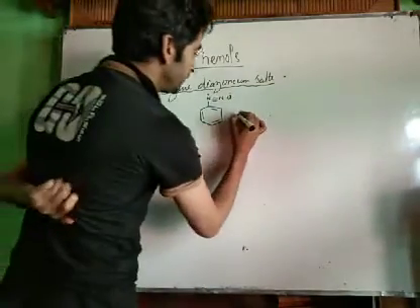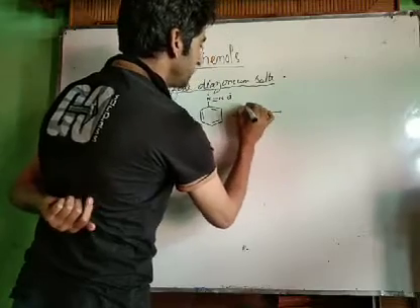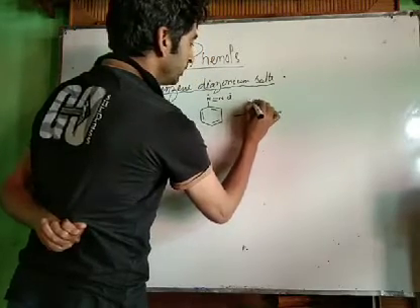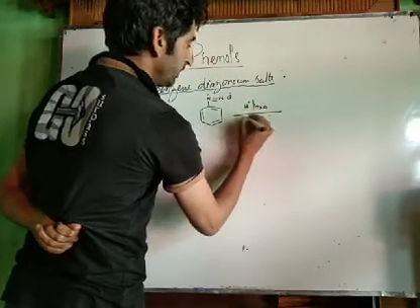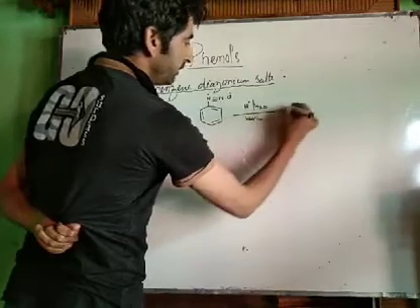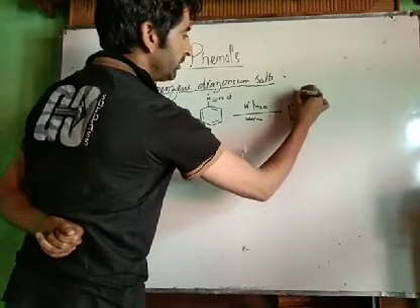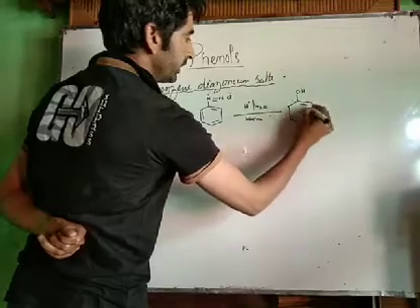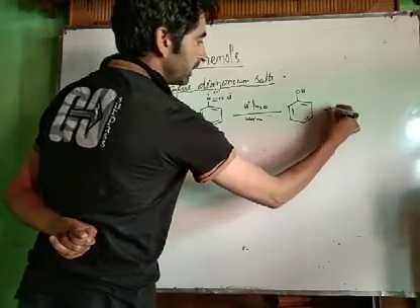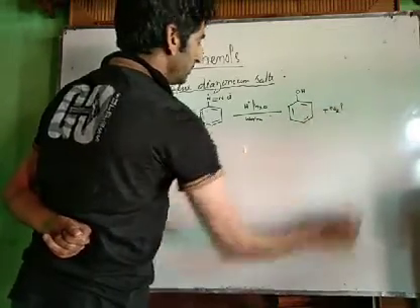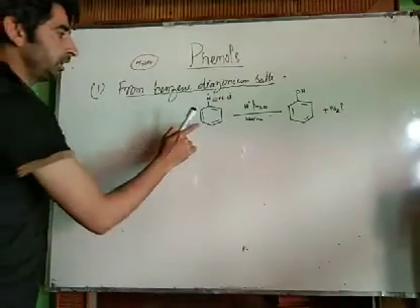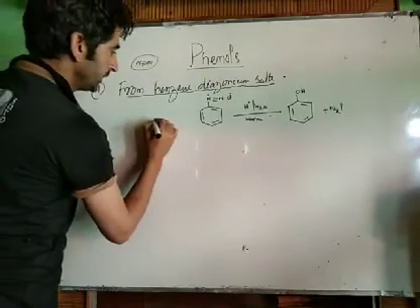Now this benzene diazonium chloride, if it is treated with hot water, warm water, we get phenol, because this N2 group is a very good leaving group. We get phenol plus N2 gas. Now see how this benzene diazonium chloride is formed.